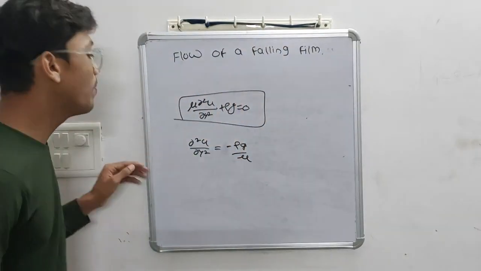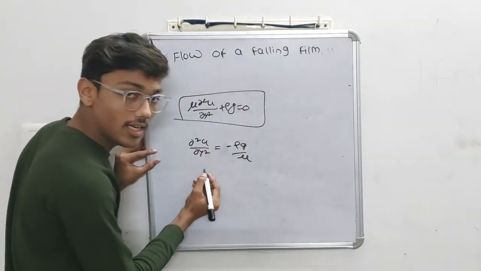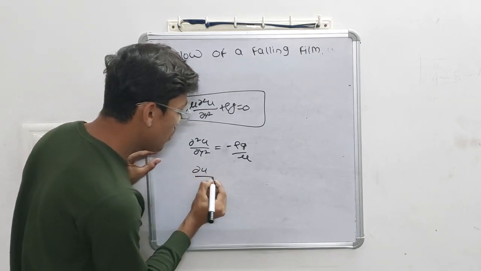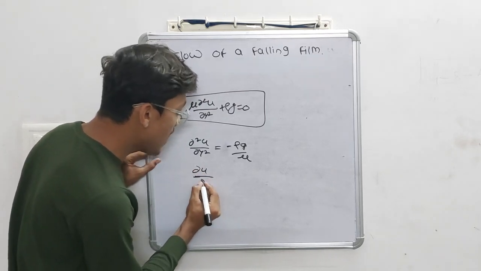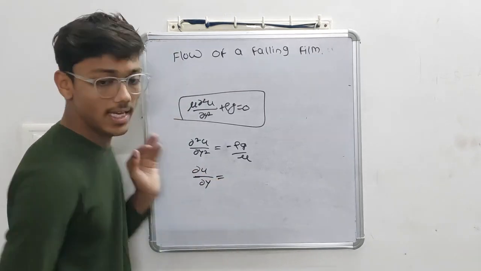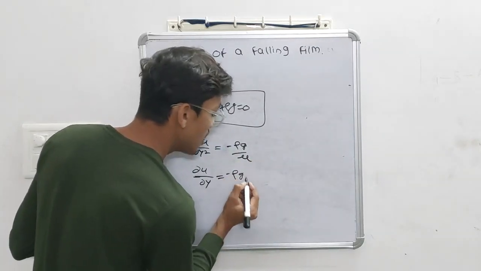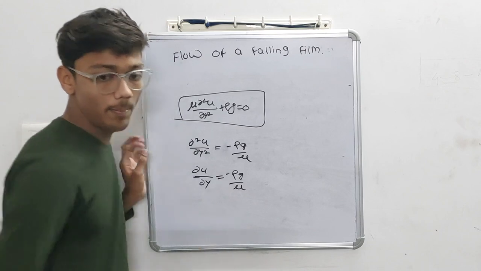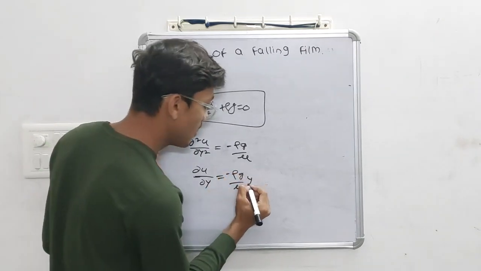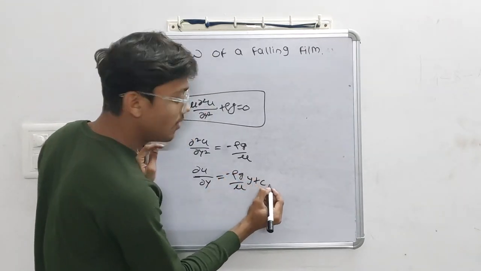Further, we integrate once, and we get dou u by dou y equals minus rho g by mu times y plus c1.